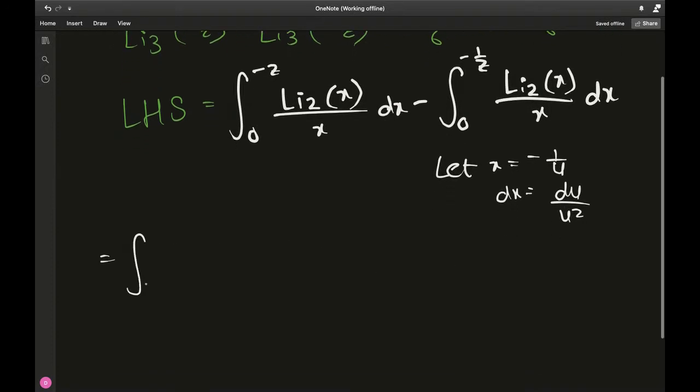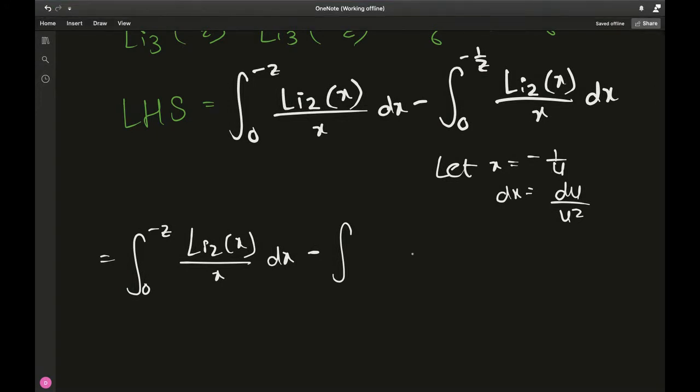Write the first integral as it is. For the second, when x is 0, u will have to be infinity in order for everything to work out.